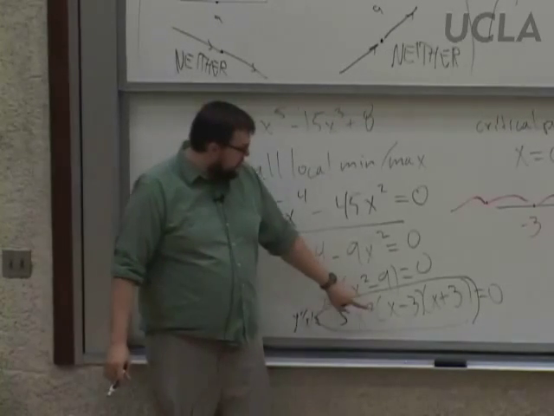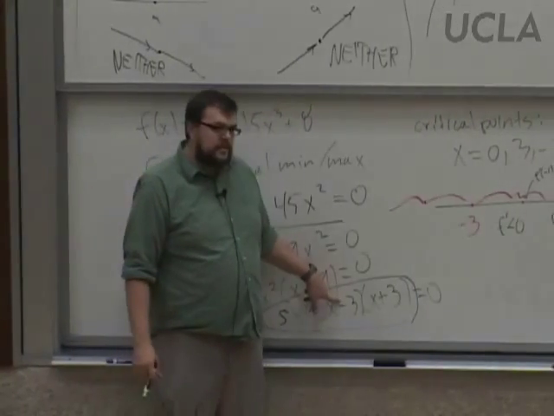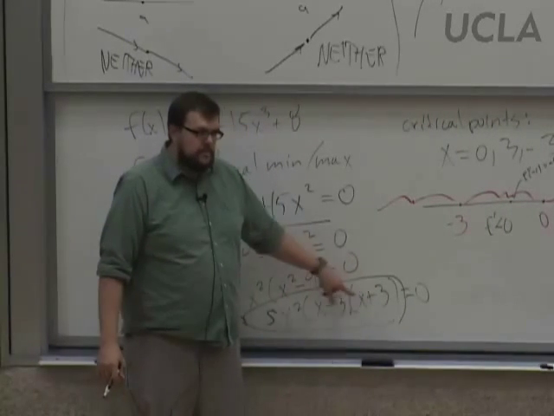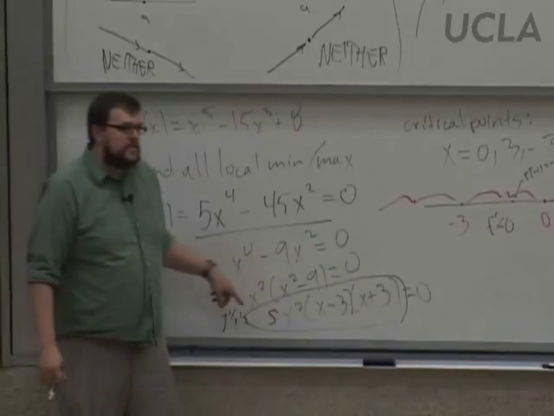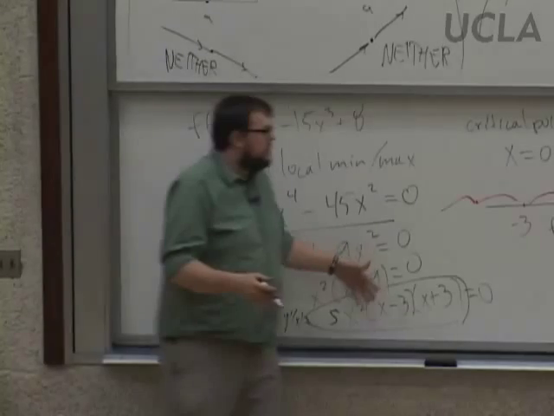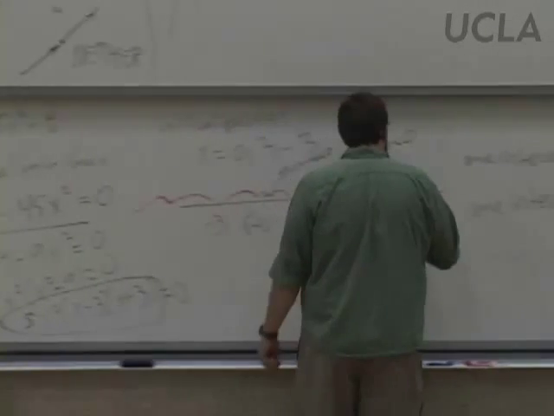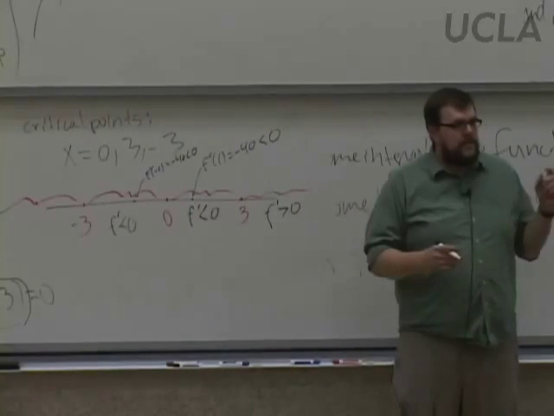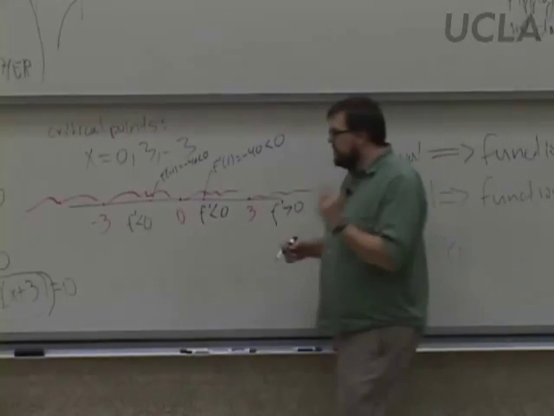5 is positive, x squared is positive, 4 minus 3 is positive, 4 plus 3 is positive. So when I plug 4 into this, which is really the derivative written in a different way, it's easy to see my derivative is positive. I don't know what the value is, but I don't need to know the value. I only need to know the sign.